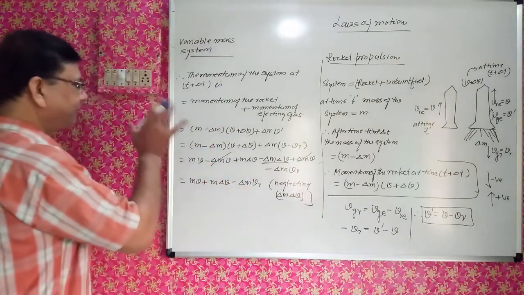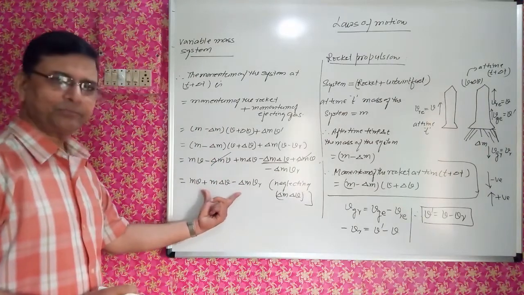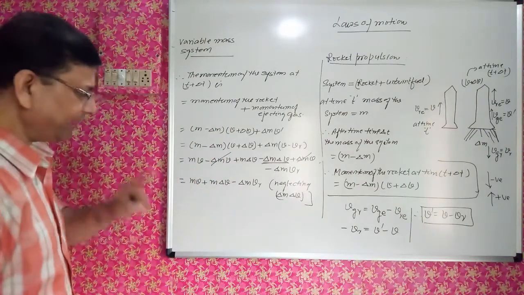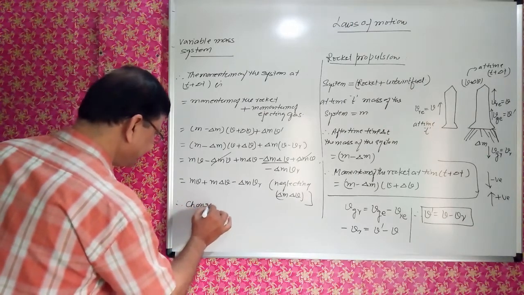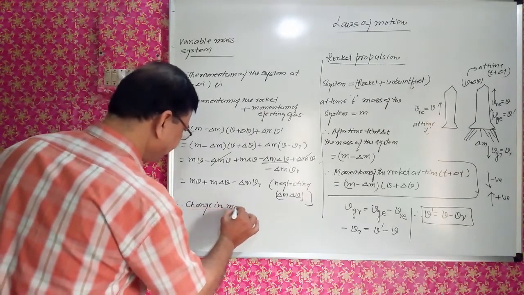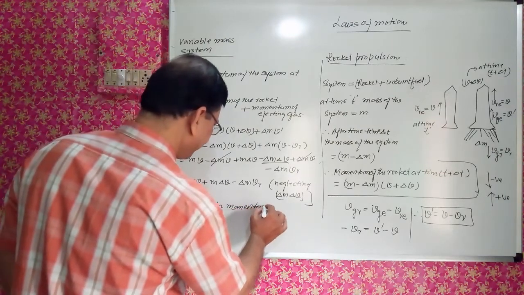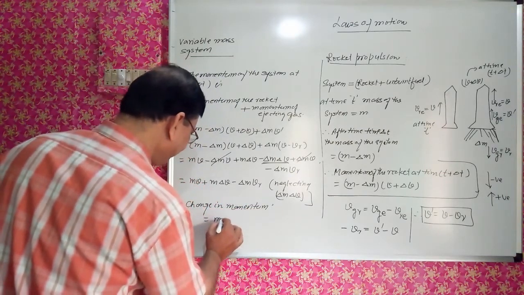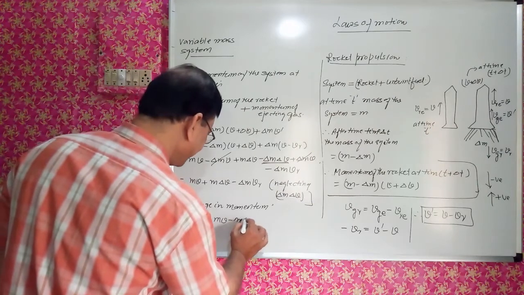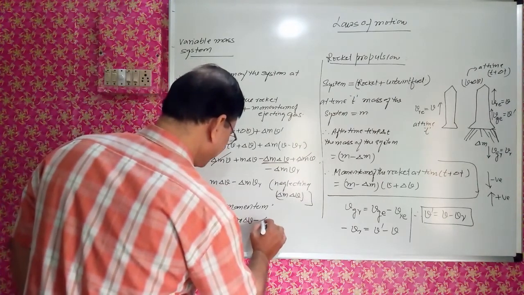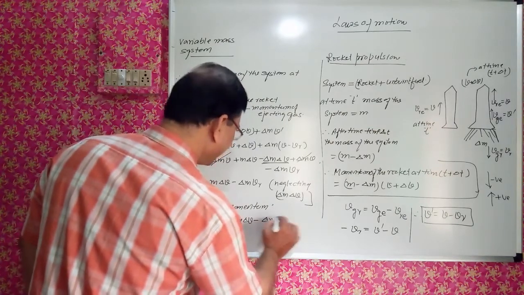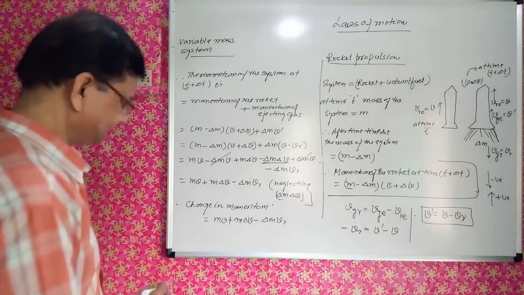So we have got the final momentum as this. Therefore, change in momentum is equal to mv minus m delta v minus, it is plus, delta m vr, isn't it?